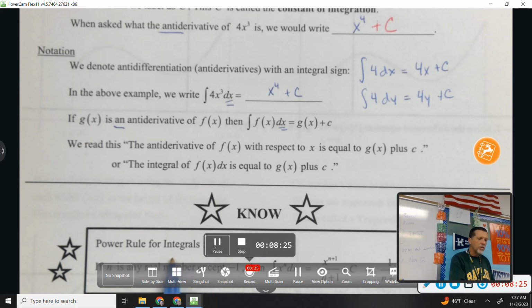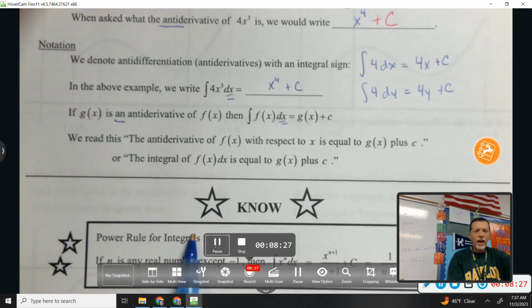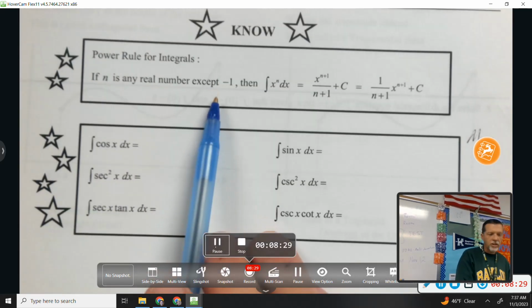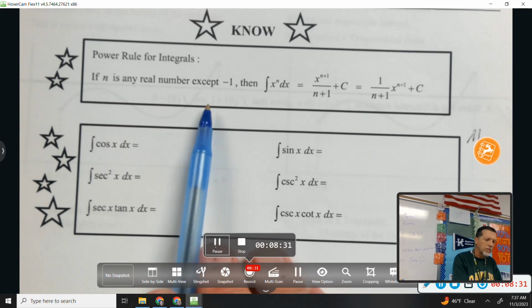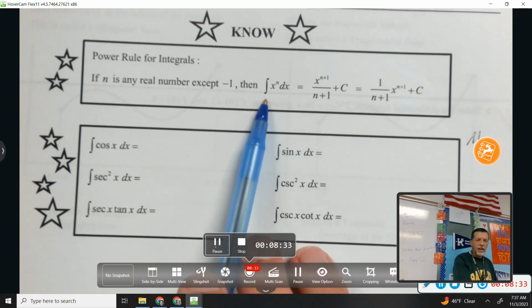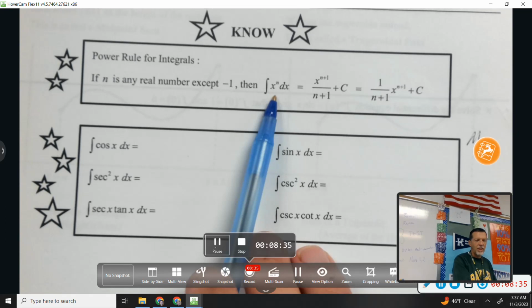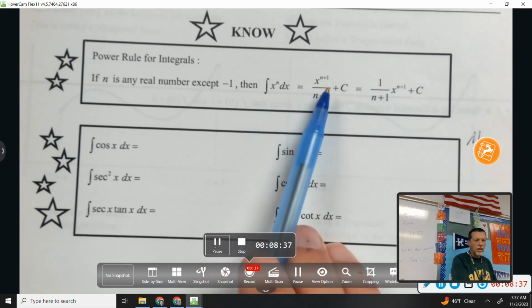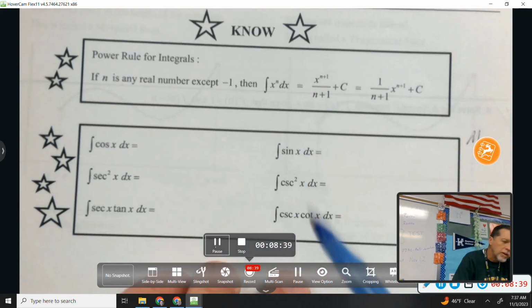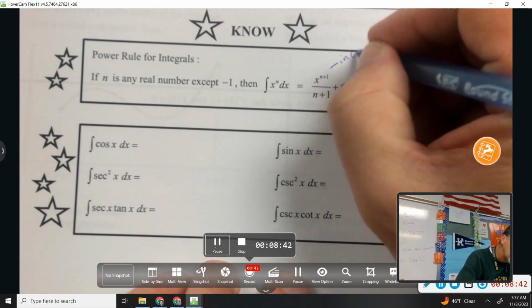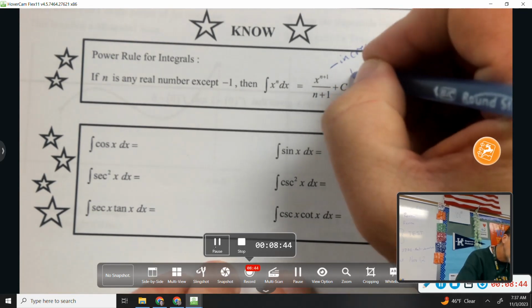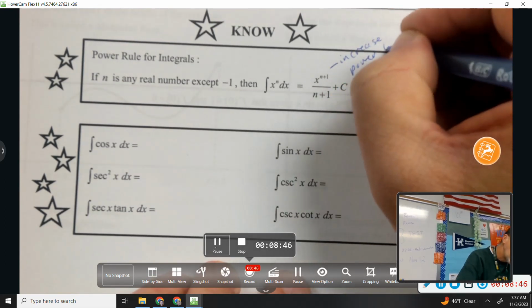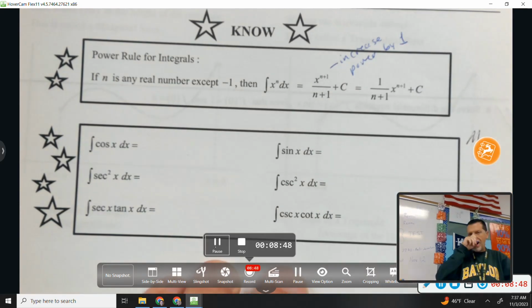Okay, here's the power rule. Now, you already know the power rule, but we're just going to work it in reverse. If we're taking the antiderivative of x to the n, instead of decreasing the power by 1, we're going to increase the power by 1, because this is the opposite of the derivative.